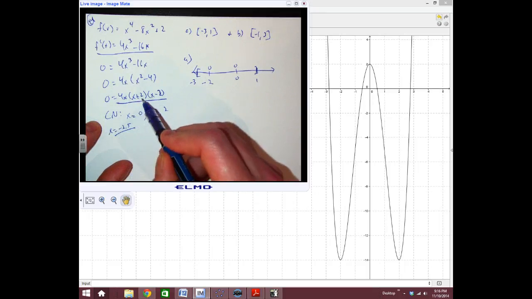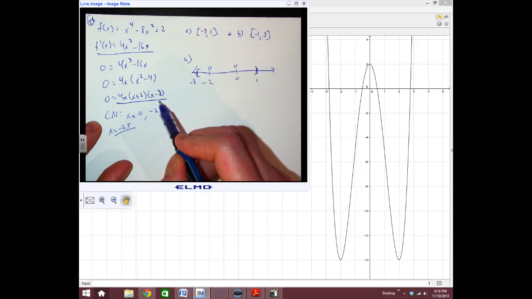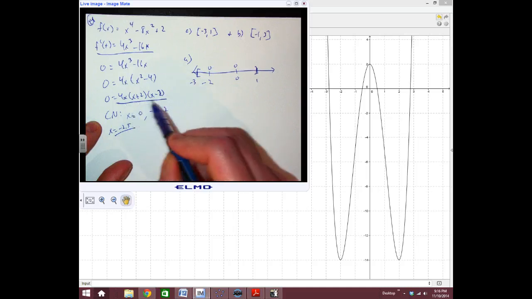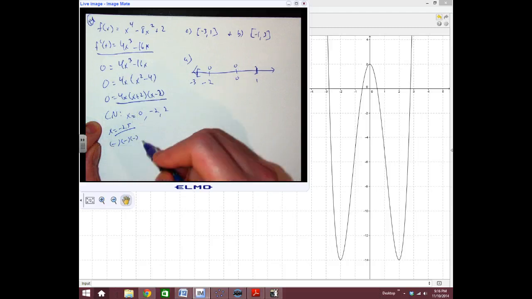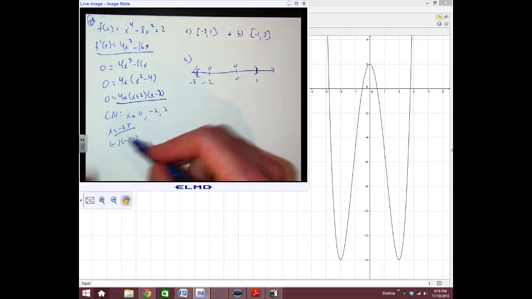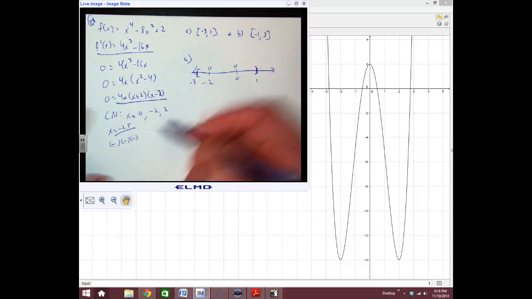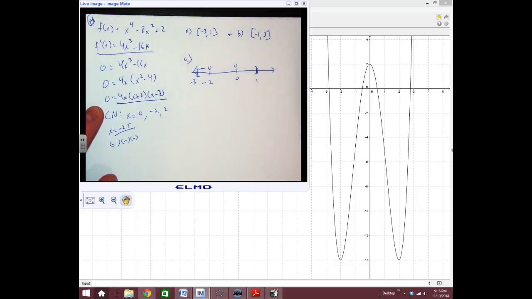This will be negative as well. This will be negative. All three of those values will be negative. So it'll be negative times negative times negative. I don't know the exact value. I don't even care. I just know that it's going to be negative times a negative, which means a negative value. So the slope here is negative, which you can see on the graph right here. Between negative 3 and negative 2, it's got a negative slope.